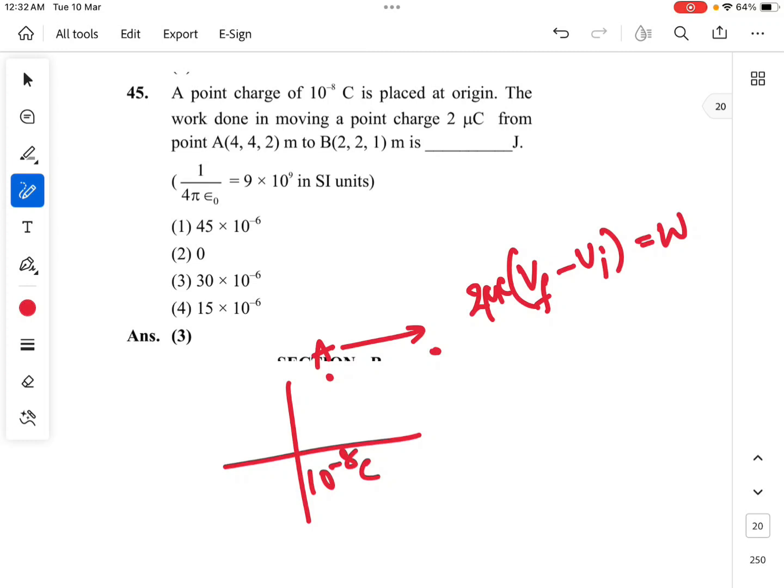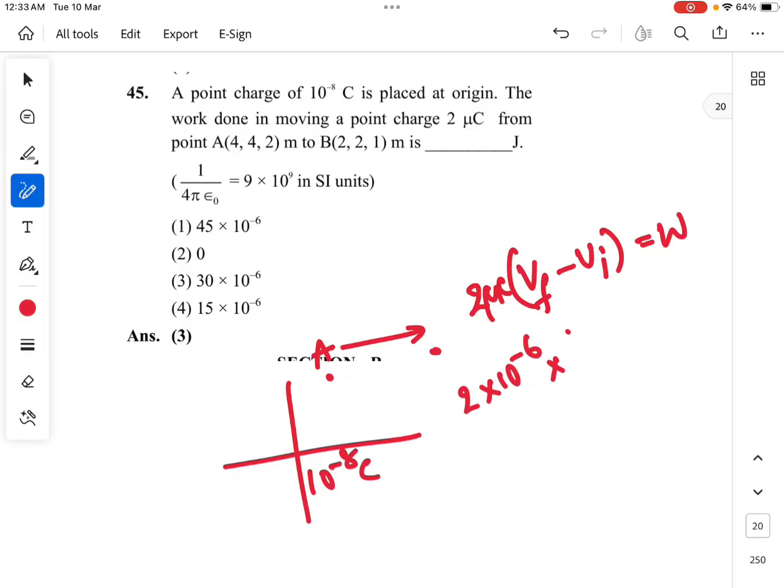That's what you are supposed to do. Now this is actually work done by us, not by the electrostatic force. So let us be very clear what exactly this work done is.